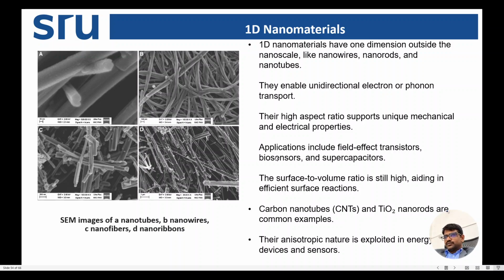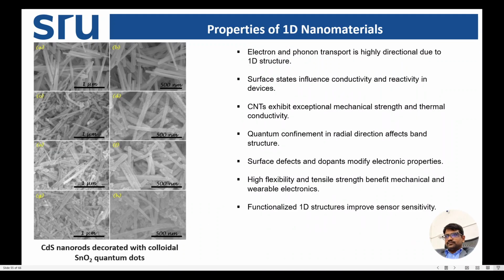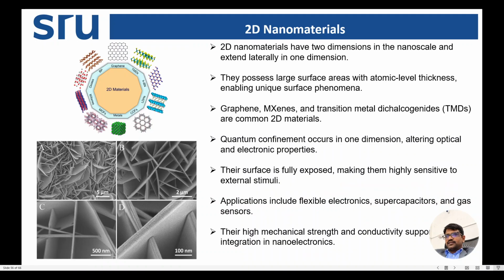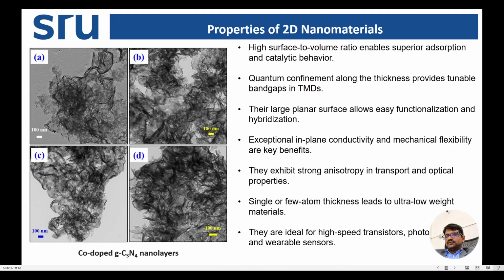We have different types of CNTs available for different applications and different mechanical strengths. So these are examples of 1D nanomaterials. For 2D nanomaterial, can you remember what this is? g-C3N4, graphitic carbon nitride.